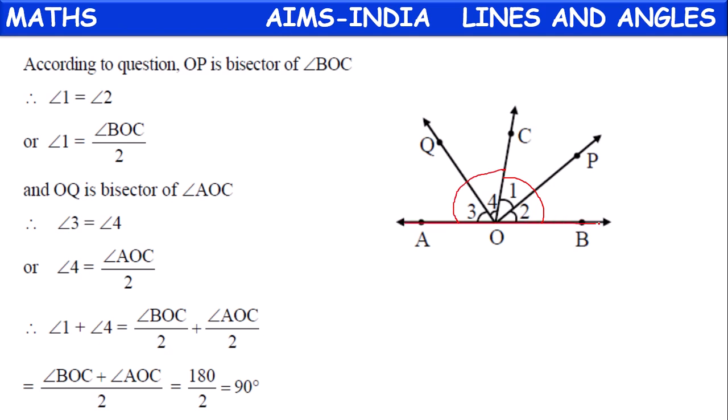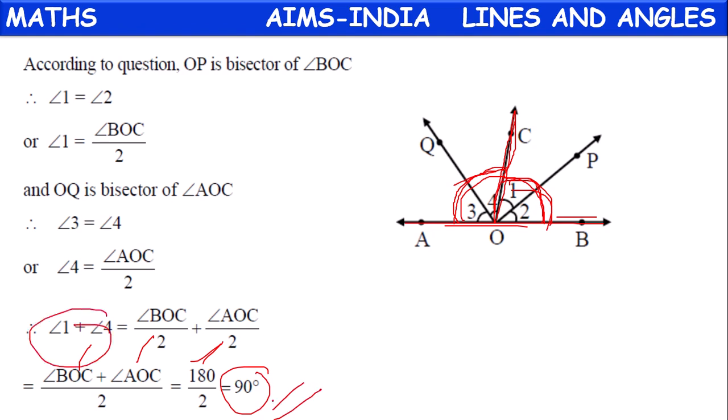So AB is the line, OC is the ray. Adjacent angles form a linear pair because they are opposite rays. So BOC plus AOC equal to 180 degrees, BOC plus AOC by 2 equal to 180 degrees by 2. So 90 degrees. So angle 1 plus 4 equal to 90 degrees, or angle POQ equal to 90 degrees.